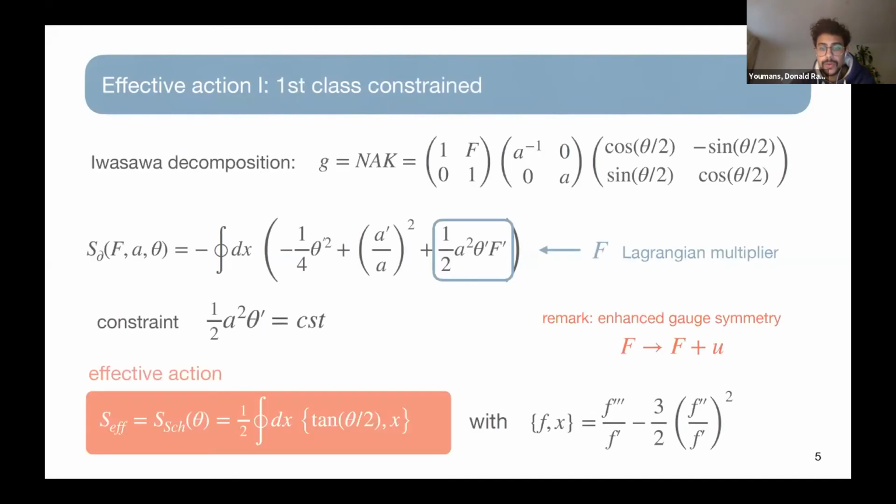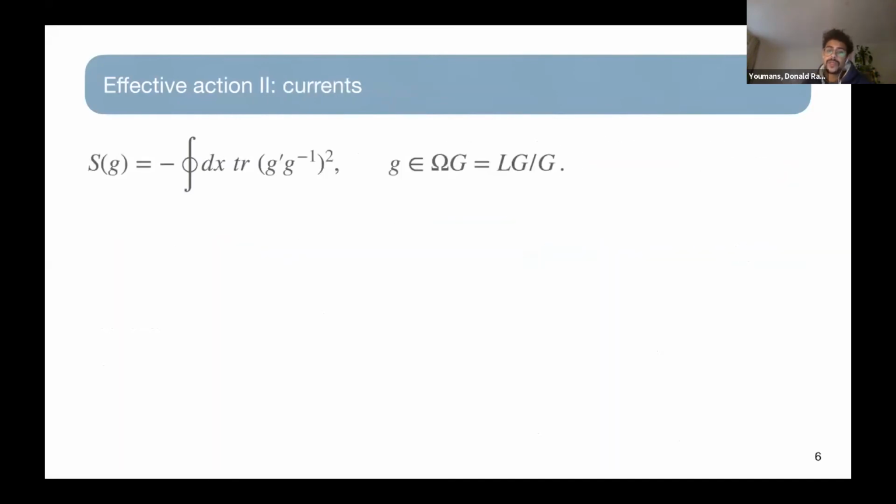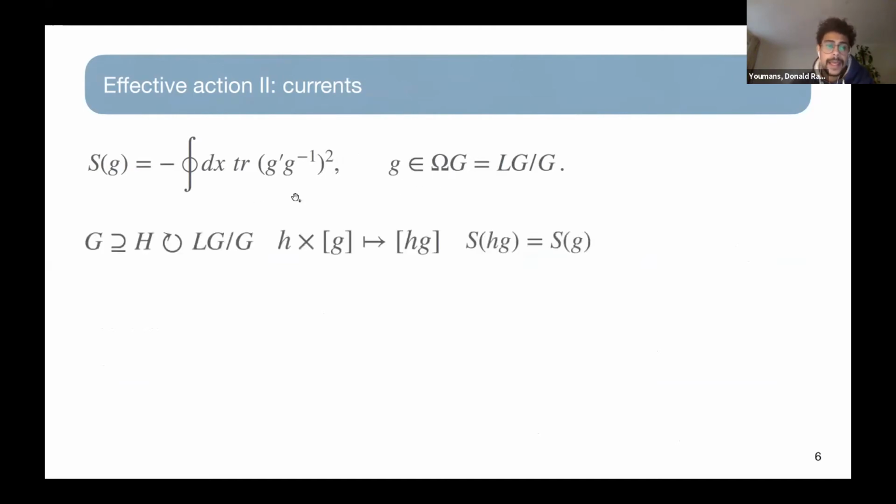Now another way to see this constraint is as follows. Remember that we started with the action for a particle on the group, so G is just a based loop. Now suppose that H is any subgroup of G, and it acts on the coset space by left multiplication. Here we suppose that we have quotiented by the right action, so these actions commute.